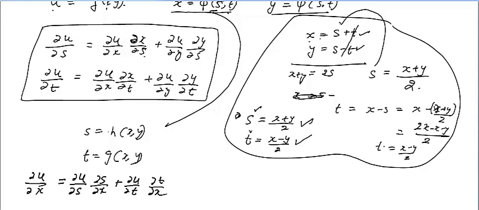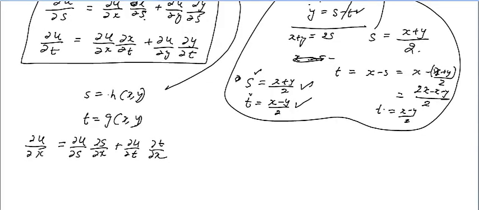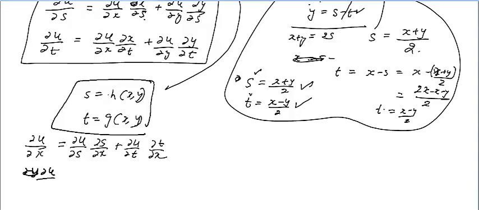Now this is the change of variable, where you previously had x and y depending upon s and t, and now you have s and t depending upon x and y. Similarly, you can find ∂u/∂y, which will be ∂u/∂s times ∂s/∂y plus ∂u/∂t times ∂t/∂y.